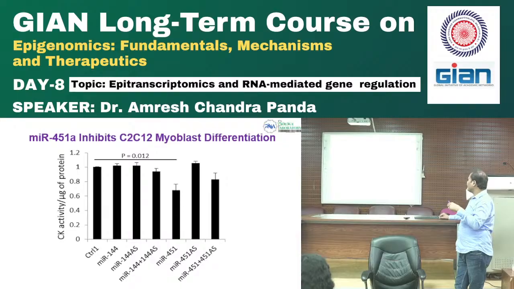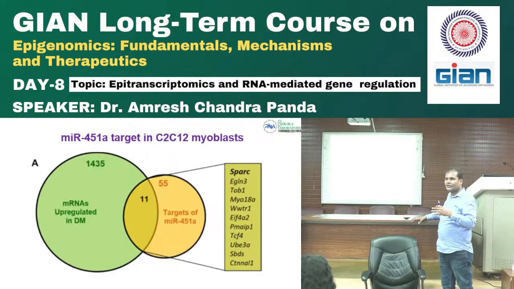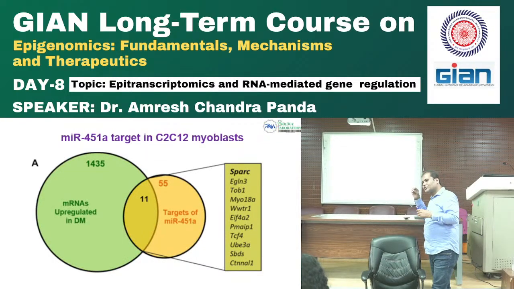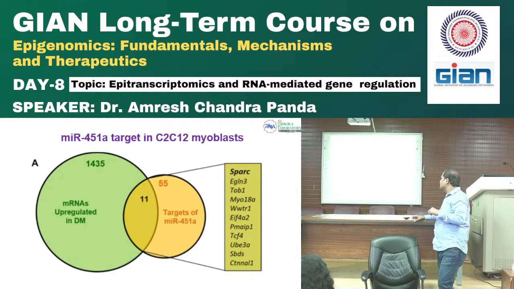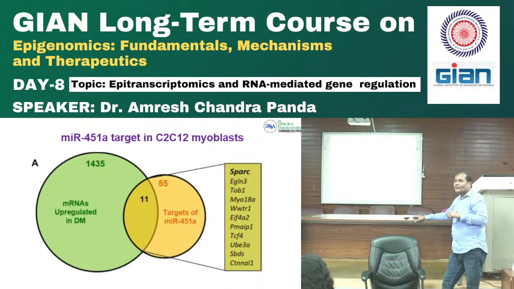Then how do you find the gene? Okay, so if the microRNA is functional, the other microRNA was not functional. Like in the morning I said, some things are expressed but they may not be functional actually. So the other microRNA didn't do anything, but this one inhibited myogenesis. So we wanted to see what genes are regulated through this microRNA.